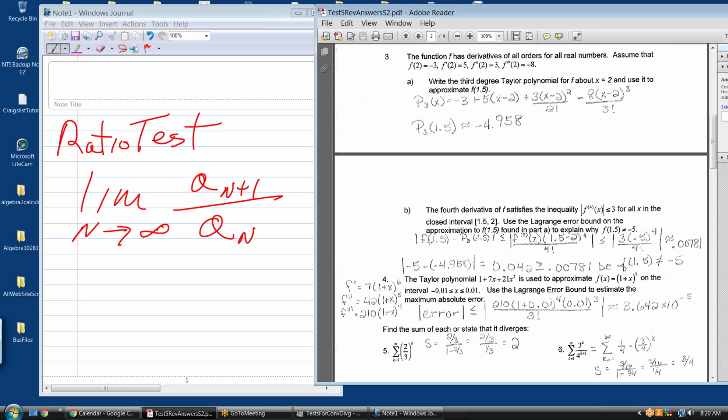That's how you get the error. That's an absolute value sign, not a 1. And that has to be less than the 4th derivative evaluated at some z times 1.5 minus 2, that's x minus a, all over 4 factorial.